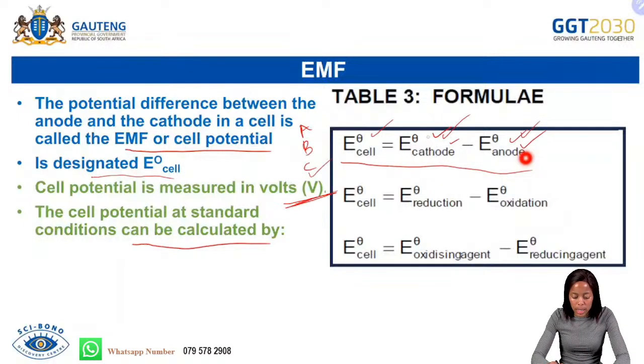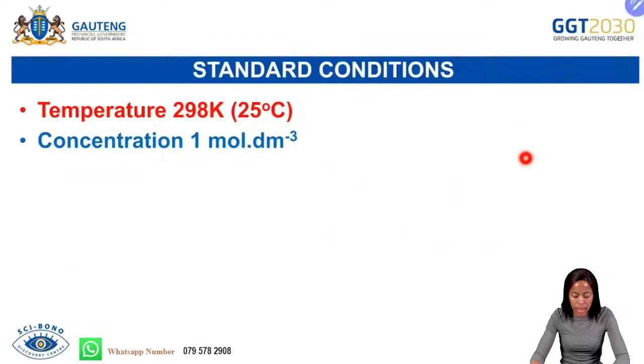So on your formula sheet, you will see that the cathode represents reduction, and your oxidizing agent. And then the anode represents your oxidation, and also your reducing agent there. So you can then be able to use any of those formulas there.